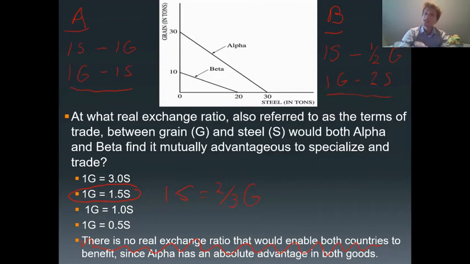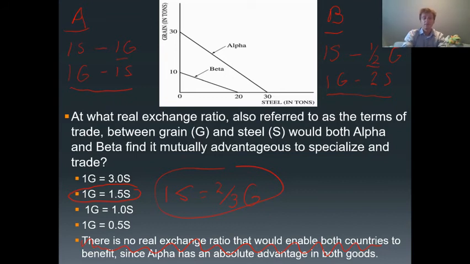Does this now fall in between our opportunity costs? Well, we have 1 and we have 1/2. 2/3 is greater than 1/2, but less than 1. So yes, this works as well. You should always see that relationship.